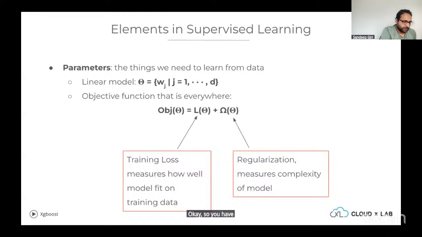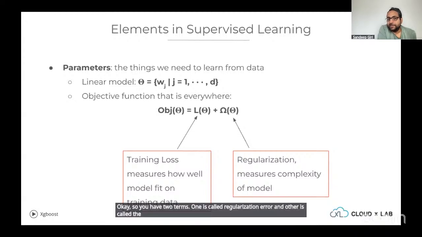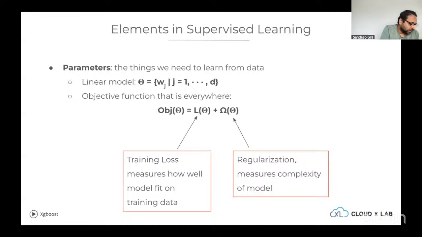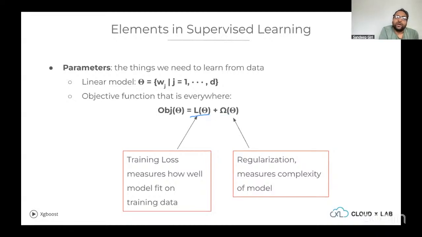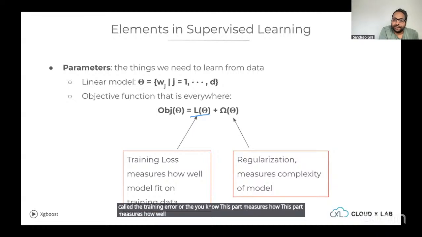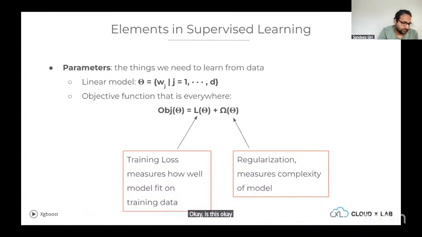One is called the regularization error, and the other is called the training error. This part measures how well your model is able to fit the data. This part measures how complex your model is. Okay, is this okay, everyone? Yes?